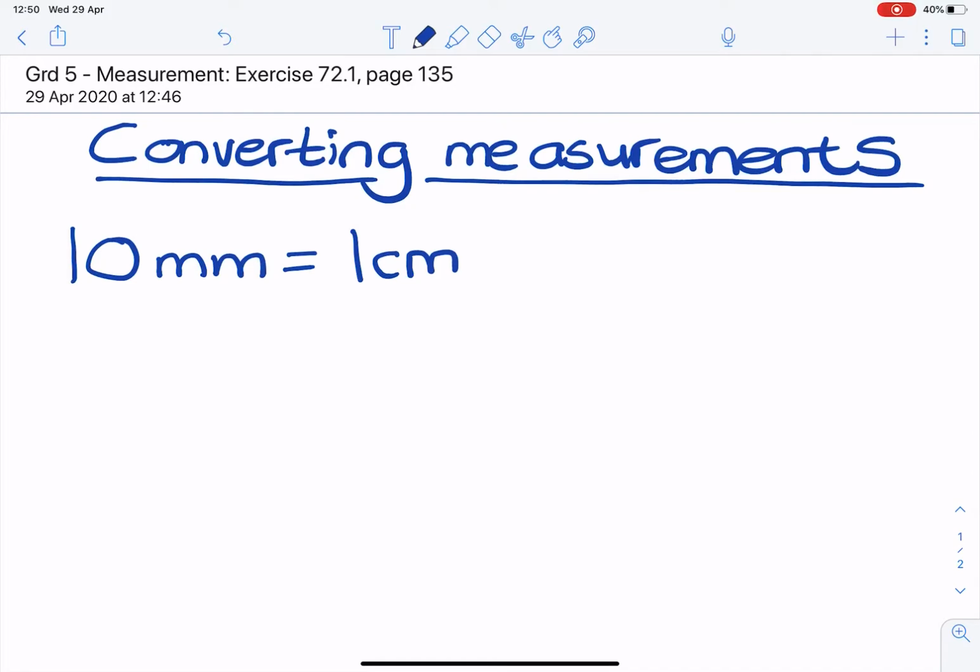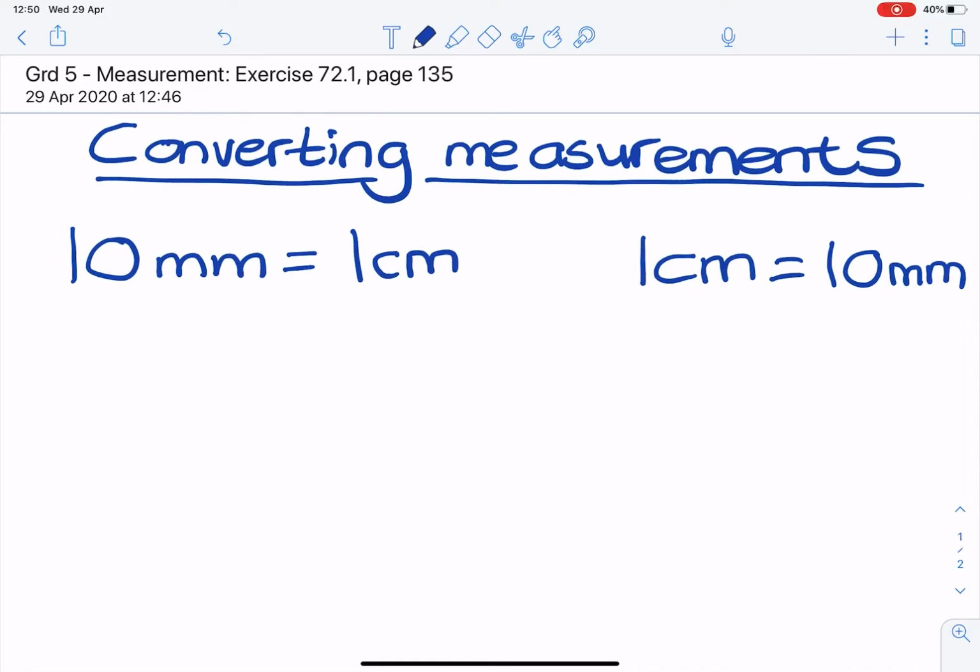So if 10 millimeters is the same as 1 centimeter, then surely 1 centimeter is equal to 10 millimeters. They are just the opposite of each other. So those are the clues that we're going to use to help us today.